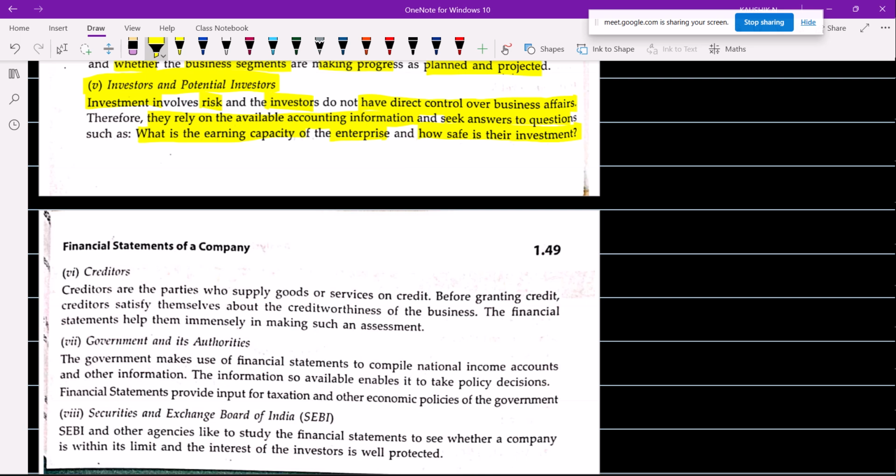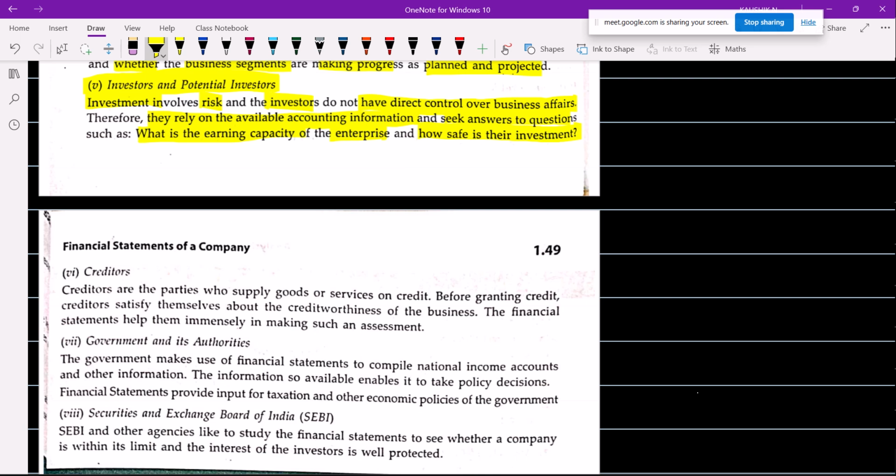I have to ensure the safety of the money I have invested, because we always say that investment in the securities of a company is always subject to market risk. We have to read the terms and conditions before we invest. Anything can happen. It can be a favorable position or an unfavorable one.